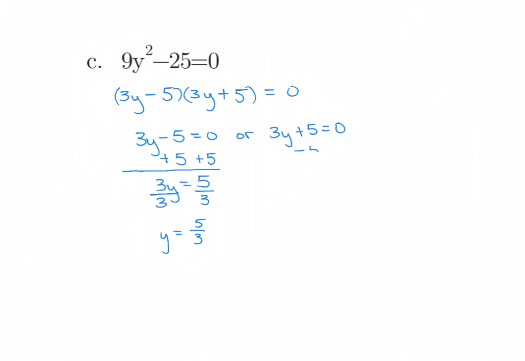For the second equation, I can subtract 5 from both sides. I get 3y equals -5. And then I can divide by 3. I get y equals -5/3. So if you want, you can put them in squiggly brackets.